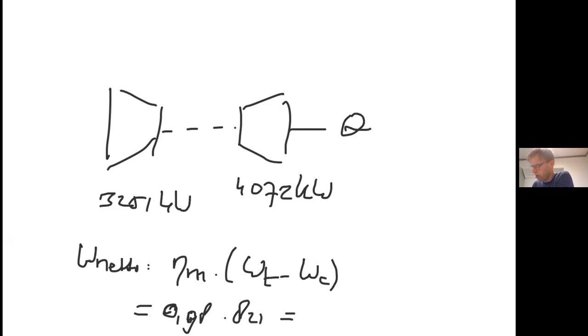About 3,500 kilowatt, 3,000, this part is consumed. This part of the power that's generated by the turbine is used to drive the compressor. And for the remainder, you apply the efficiency of 0.98.